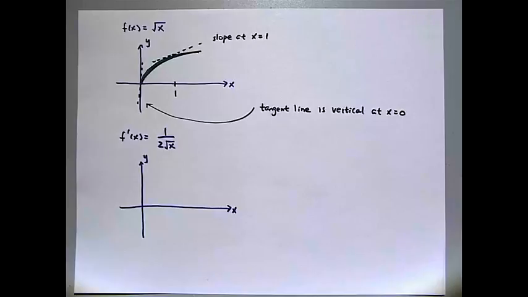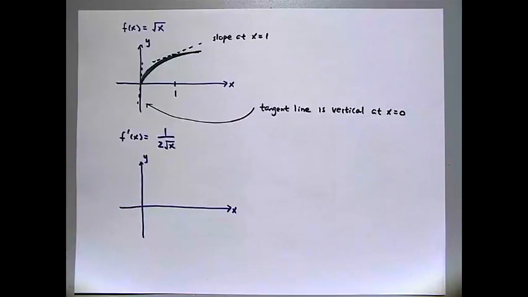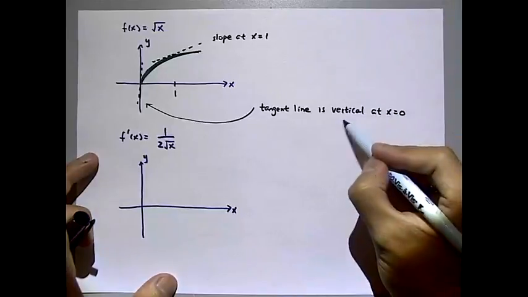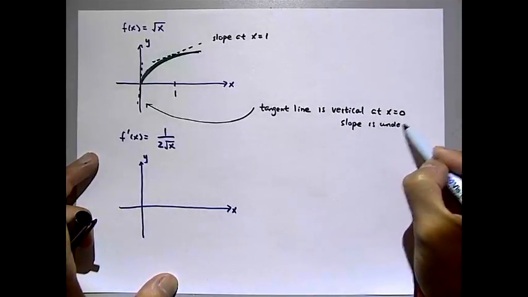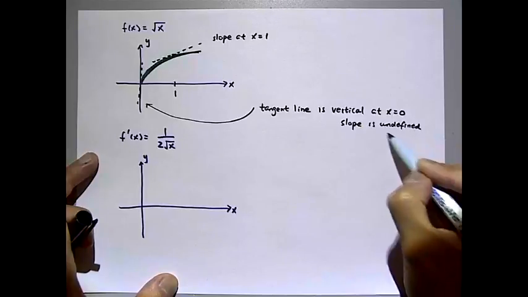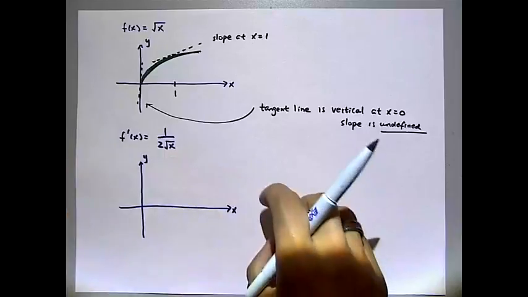And what's the slope of a vertical line? Undefined. It doesn't exist, right? Okay, and that's the reason why this thing doesn't have 0 as a domain.